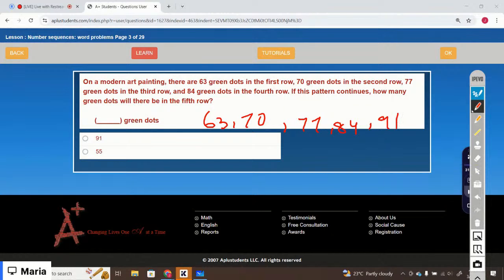So the next number in the sequence is 91. Option number 1 is the correct option.